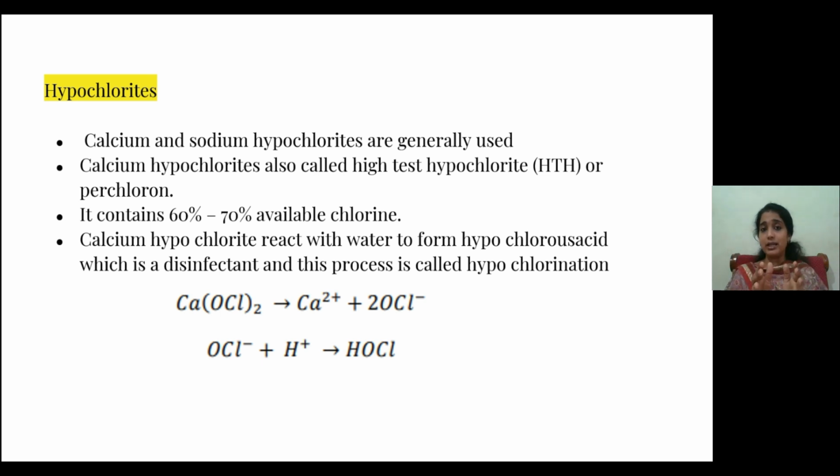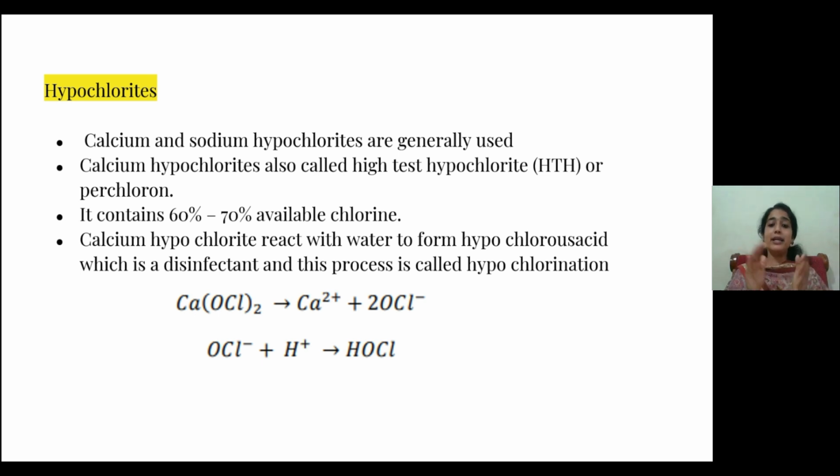That is, available chlorine is the amount of chlorine available in the hypochlorite for the disinfection action. If we are taking some amount of hypochlorite, 100% chlorine will not be released from that hypochlorite. Only 60 to 70% of chlorine will be available for the disinfection action.